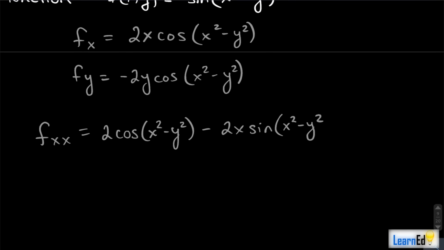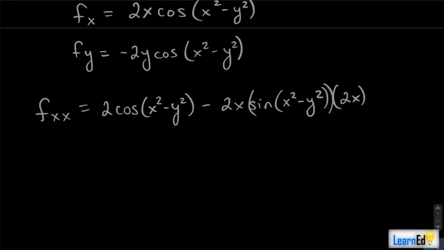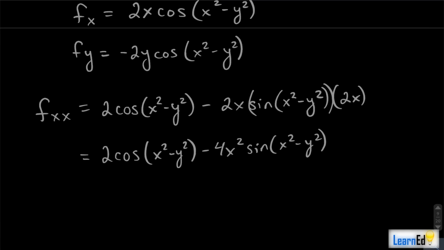The negative comes from the cosine converting to a sine. And we multiply that by the 2x that straggles along. Simplifying, we get 2 cosine of x squared minus y squared minus 4x squared sine of x squared minus y squared. All right, that's your second partial derivative with respect to x.